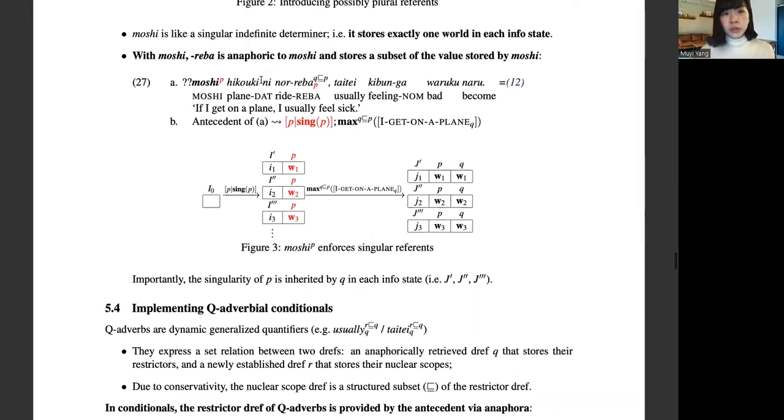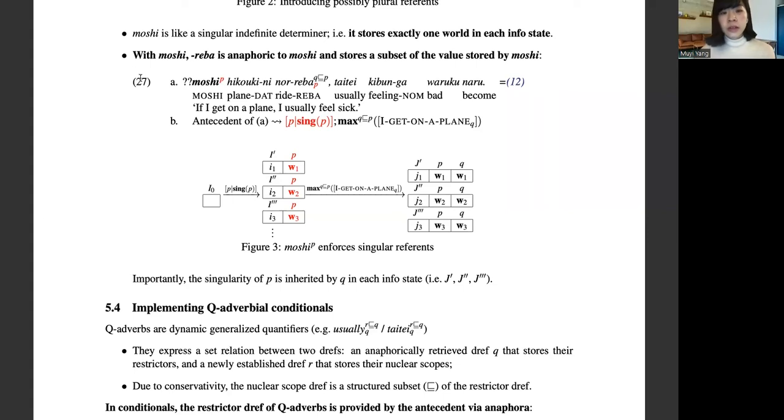Now, what does Moshi do? Moshi is like a singular indefinite determiner. So it's like what I have said earlier. It stores exactly one world in each information state. And importantly, when we put Moshi into conditionals, leba is anaphoric. So the conditional connective leba is anaphoric to Moshi and stores a subset of the value stored by Moshi.